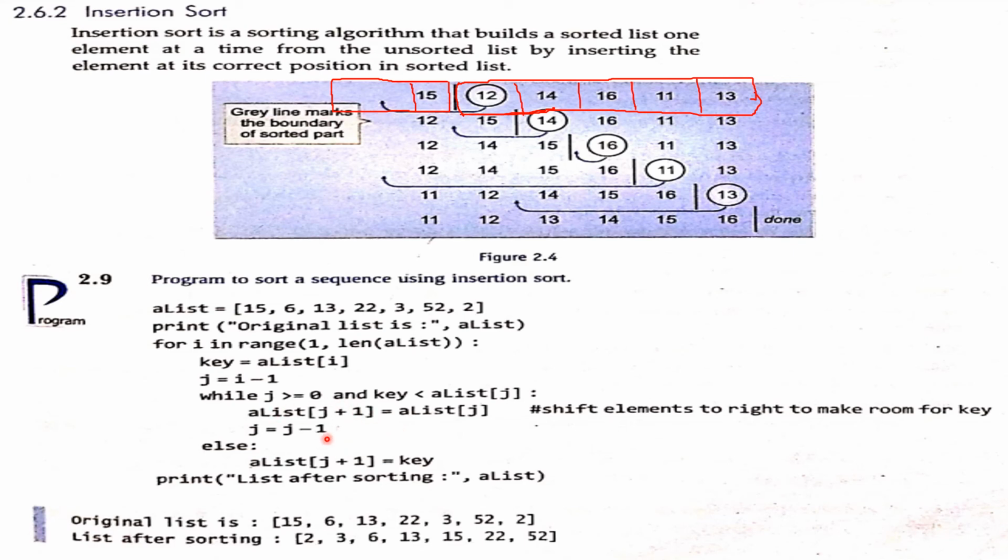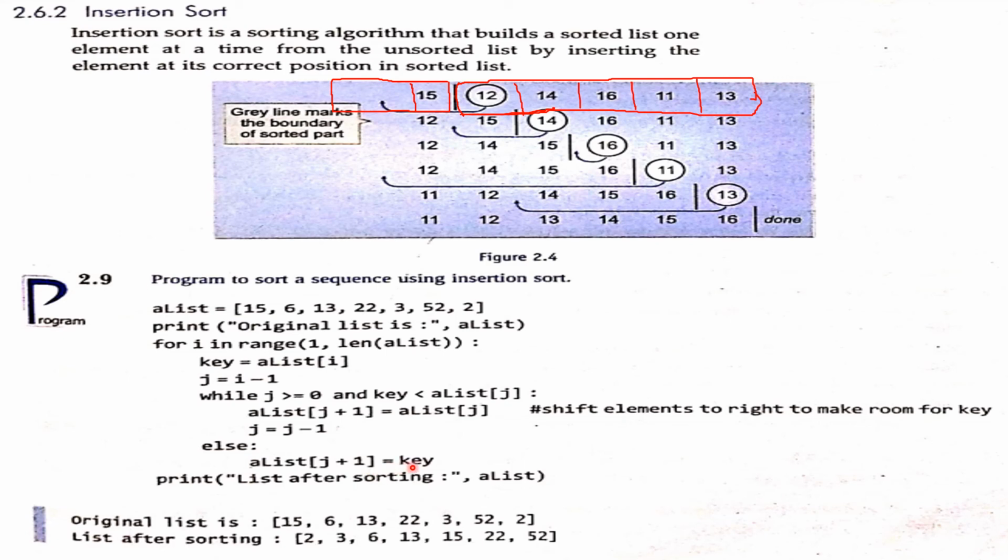It shifts the elements to the right to make room for the key, and j equals j minus 1, then it checks the next value again. It will compare with the next elements, or else if the condition is not true, then list of j plus 1 is equal to key.